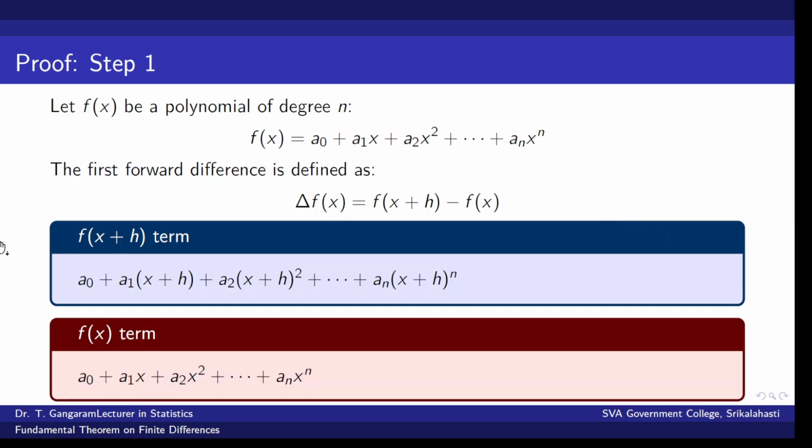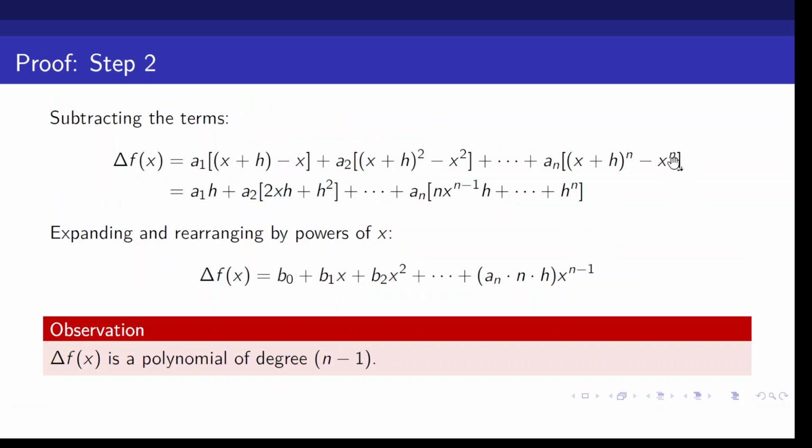Now the f of x term is a0 plus a1x plus a2x square, so on an x power n. Let us find the delta f of x by using these f of x plus h and f of x terms.